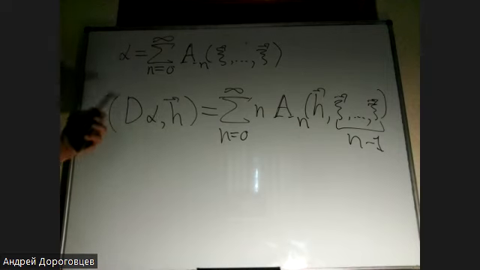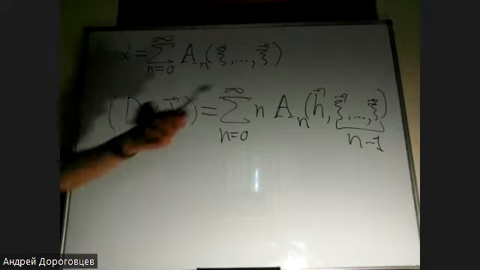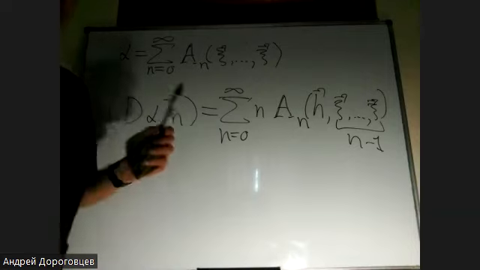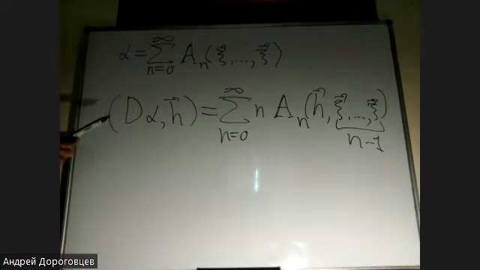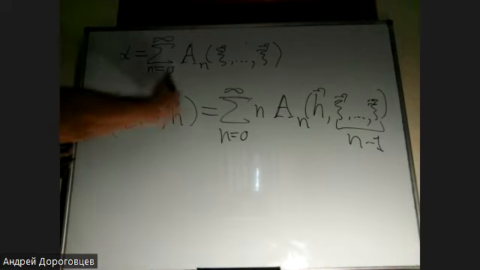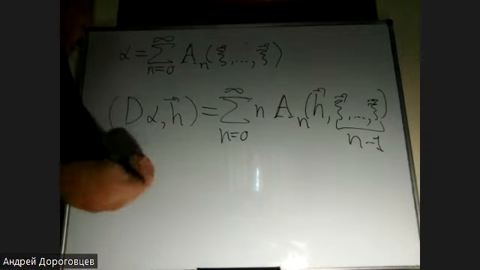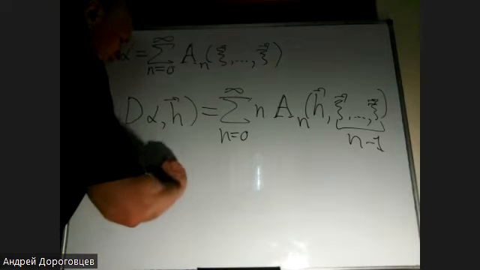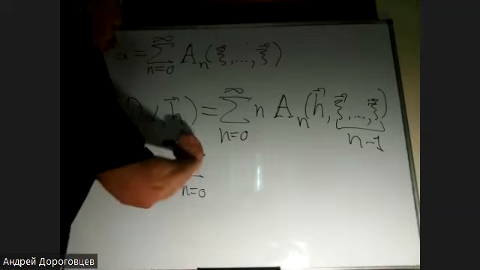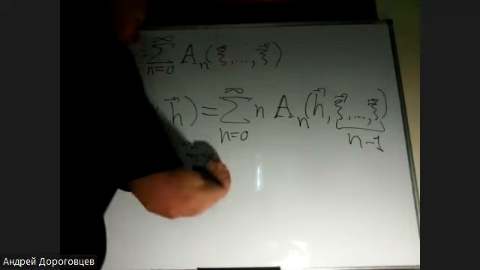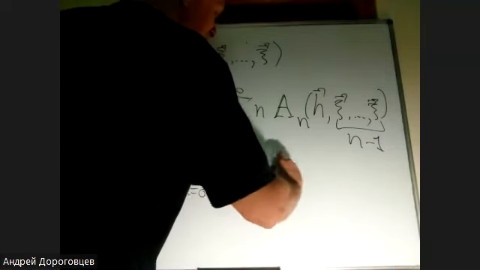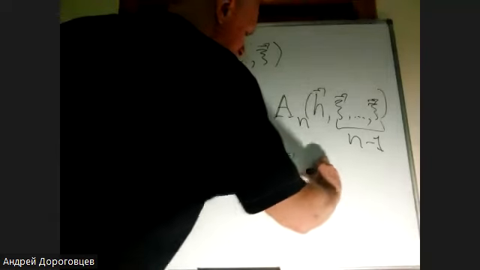So we have such an expression. Of course, it's valid when the series converges, and it is linear with respect to h. So one can define d alpha as a random vector, and formally one can say that d alpha is the following sum from n equals 0 to infinity of n a_n psi.